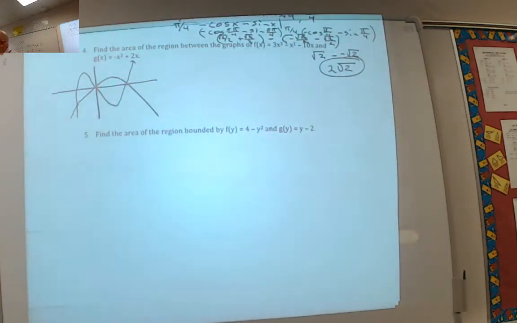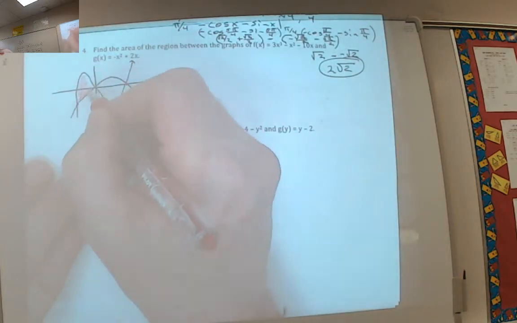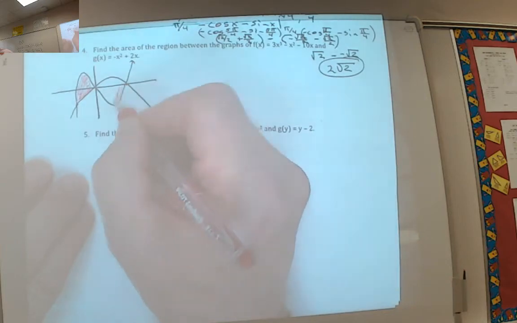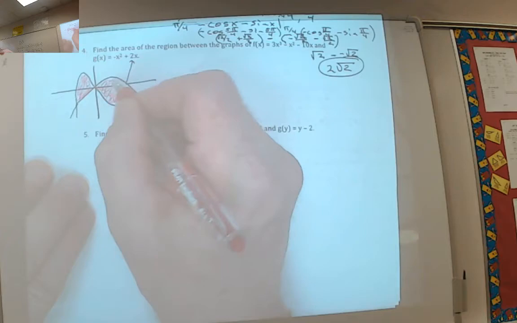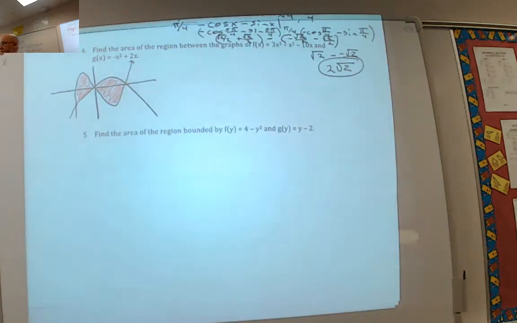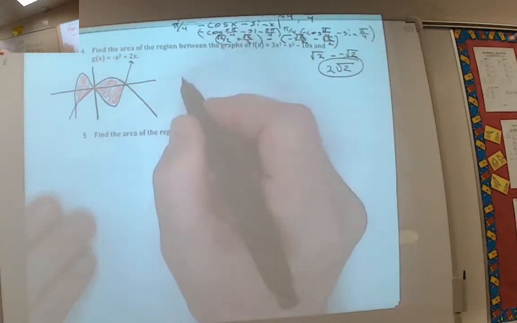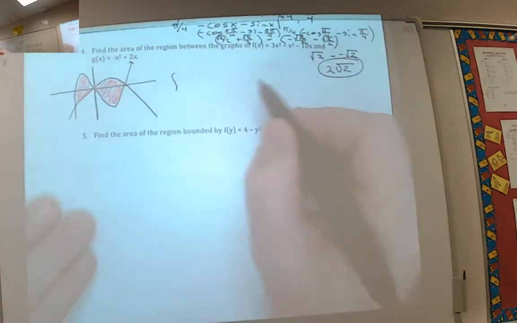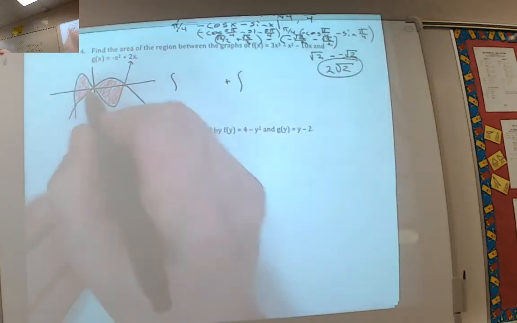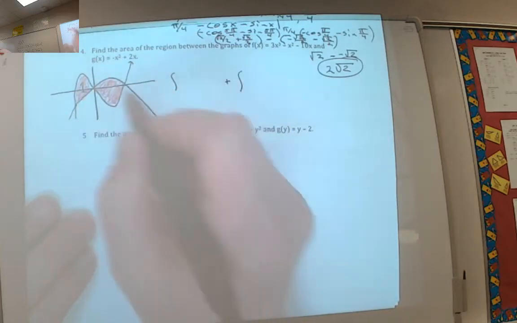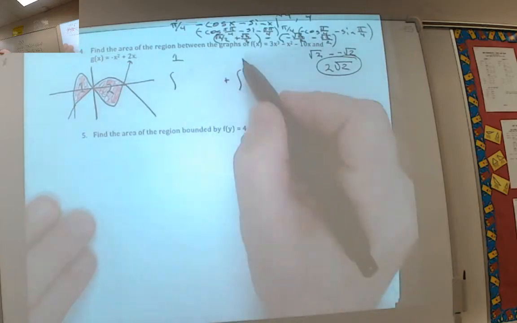So that means you actually have two areas you have to figure out. This one and this one. So you're going to have two integrals that you're going to add. This I'm going to call region 1. This I'm going to call region 2. This is region 1 right here. This is region 2 right here.